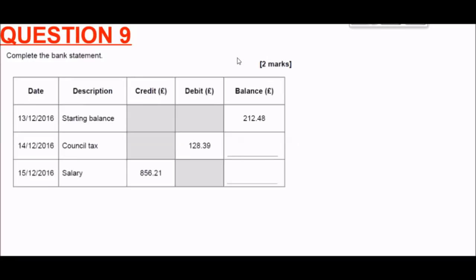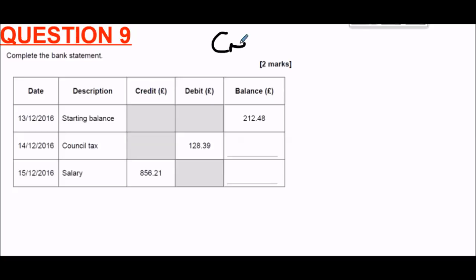Question 9. We've got a bank statement. So we've got starting balance, council tax, and salary. So council tax is a debit, salary is credit. To put it simply, you just need to know what debit means and what credit means. Credit, if you give someone credit, it's a good thing. They've done good.